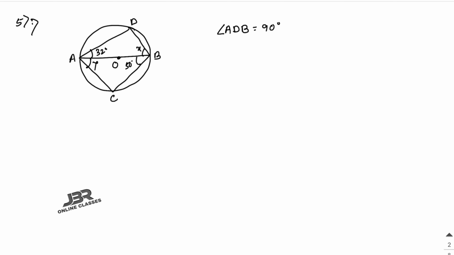Okay, always remember that the angle which lies in the semicircle is always 90 degree. So here ADB equal to 90 degree as well as ACB equal to also 90 degree.